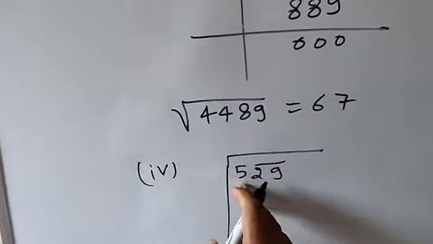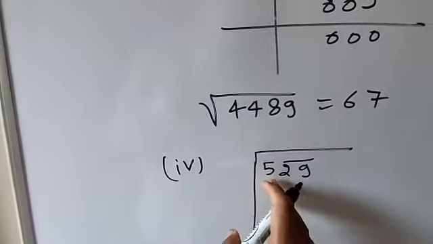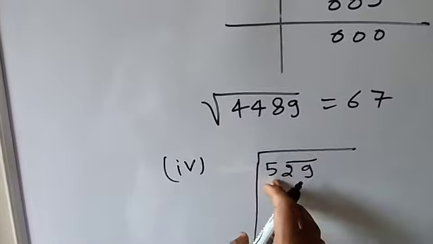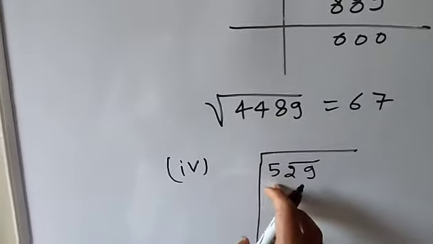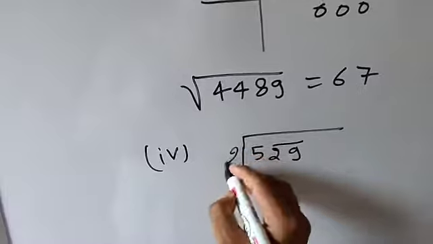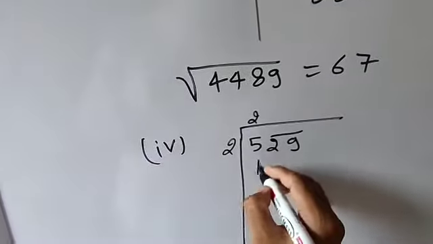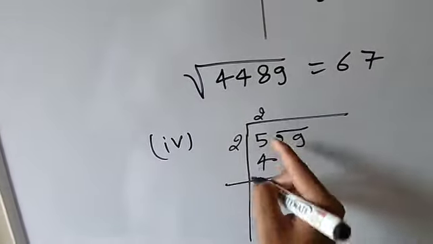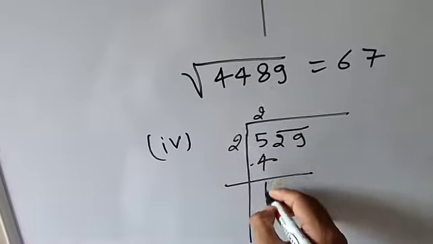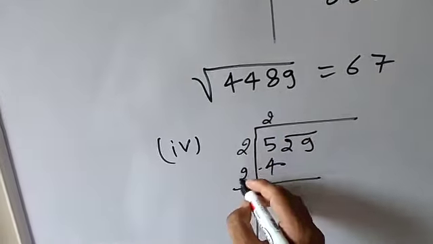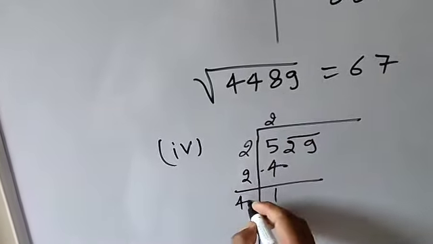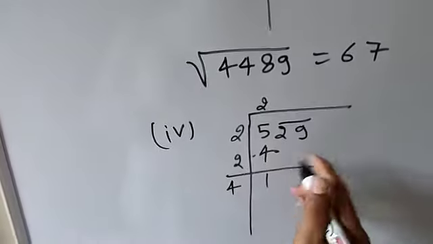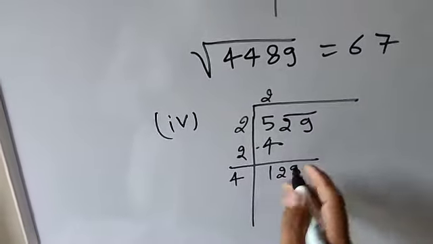You need to find a number whose square is either equal to 5 or just less than 5. 1 1 is 1, 2 2s are 4, 3 3s are 9. 9 is greater. So 2 2s are 4. Here you subtract 5 minus 4, that is 1. Now that 2 will be kept here. 2 plus 2 is 4. Now you will bring down the next pair, that is 29.